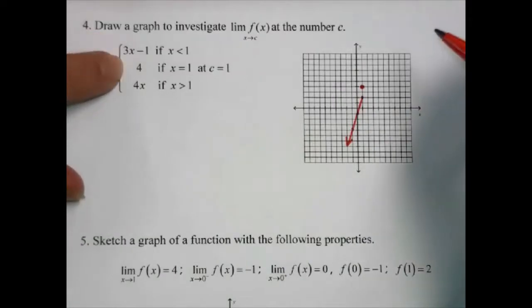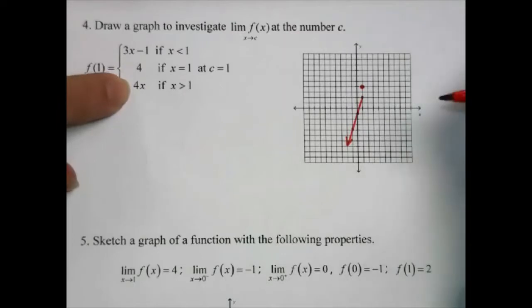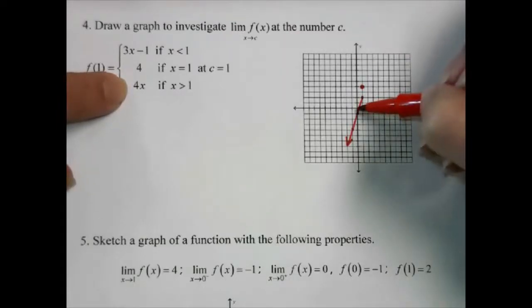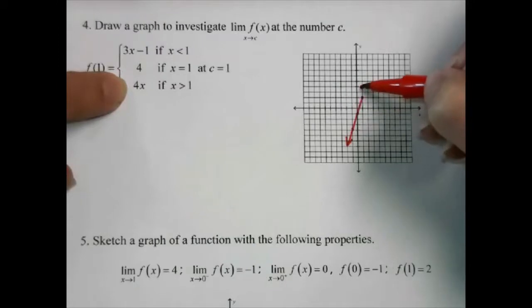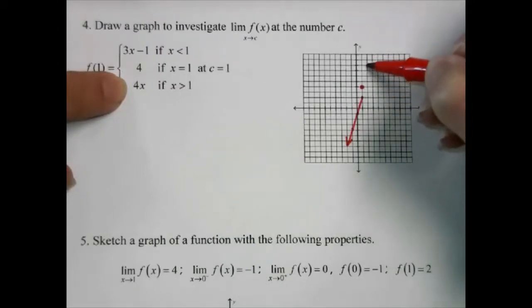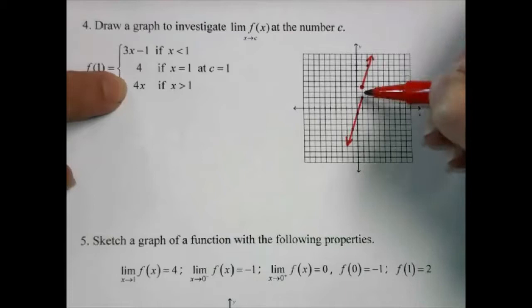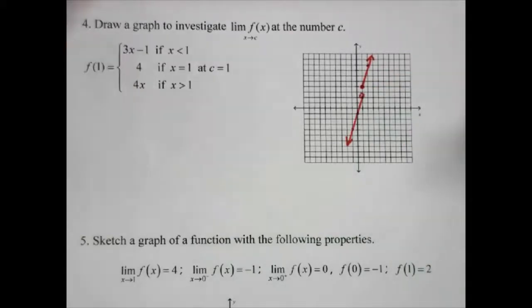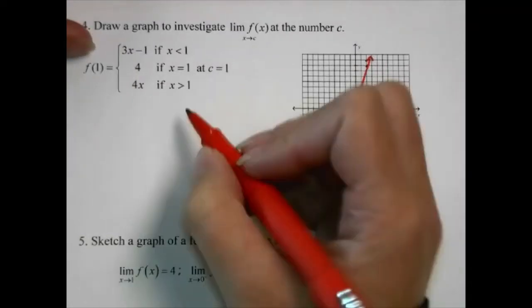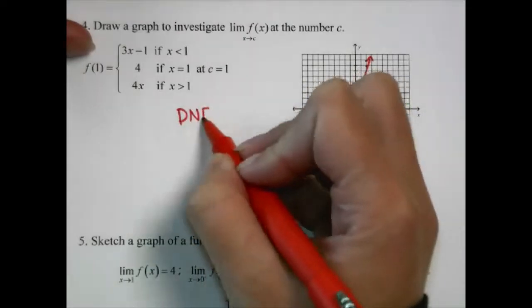So it doesn't equal f of x, but that still doesn't mean we don't have a limit. So let's graph the other half of this. So 4x, that would start at 0 and goes up 4 over 1, so it would start there. So it looked like that. So we'd have an open dot there, which means that this limit does not exist.